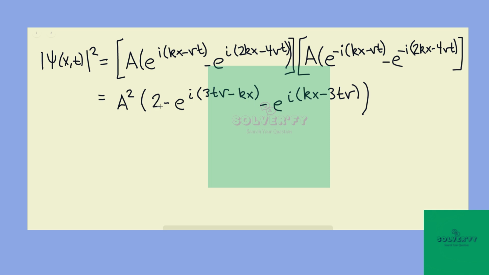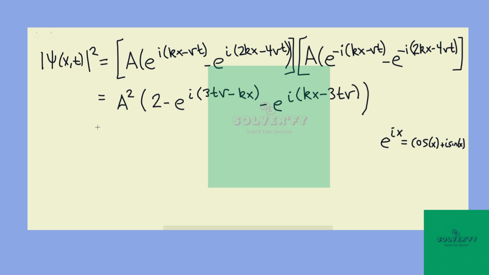And that's it. At this point, I think it's useful to use Euler's identity. Recall e to the ix can be expressed as cosine x plus i sine x. That's just Euler's formula.